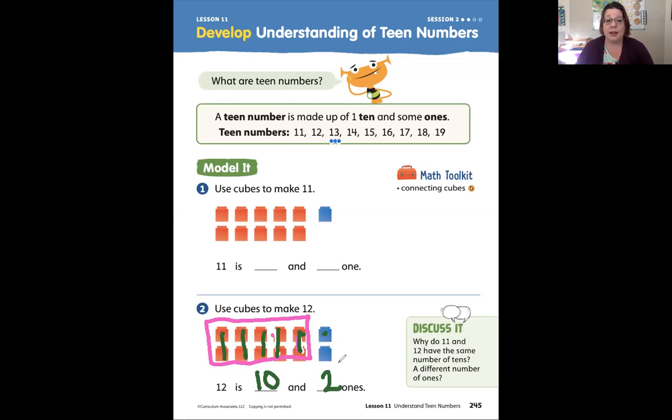Now, again, I like to write my equations. If I have 10 and 2, that "and" means it's joining, right? That's my joining word. So I can write 10 plus 2 equals 12. Good job, everybody.